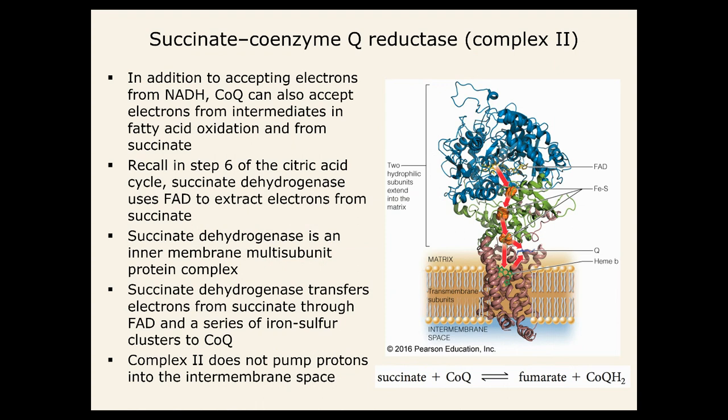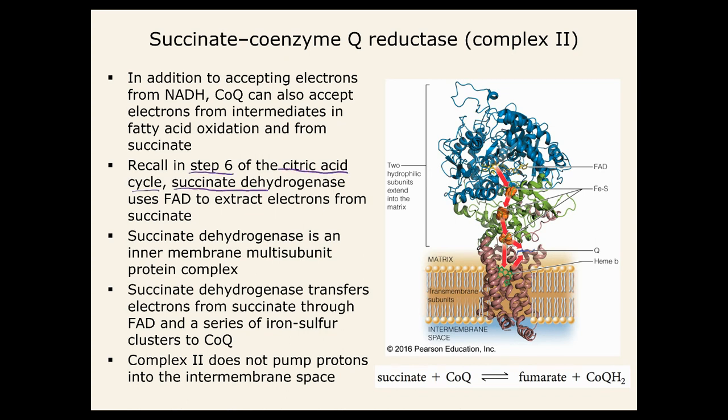Here's the second one, complex 2, succinate coenzyme Q reductase. It's accepting electrons from FADH2, or to make FADH2. So this is the idea of it being linked to step 6 in the citric acid cycle.